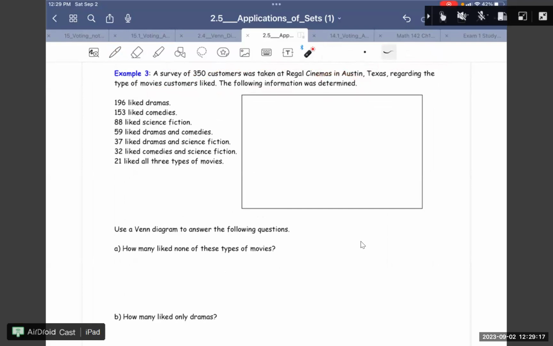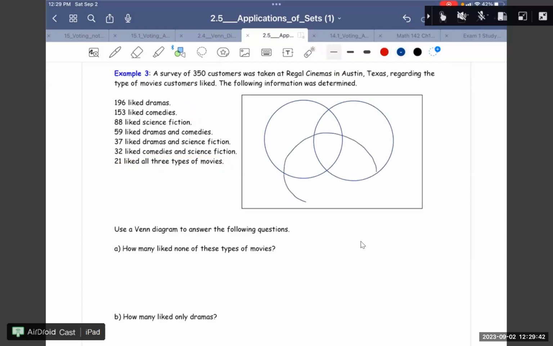So we have drama, comedy, science fiction. So we have 3. So we have to draw the diagram for this. So we have 1 circle, 2 circle, 3 circle.